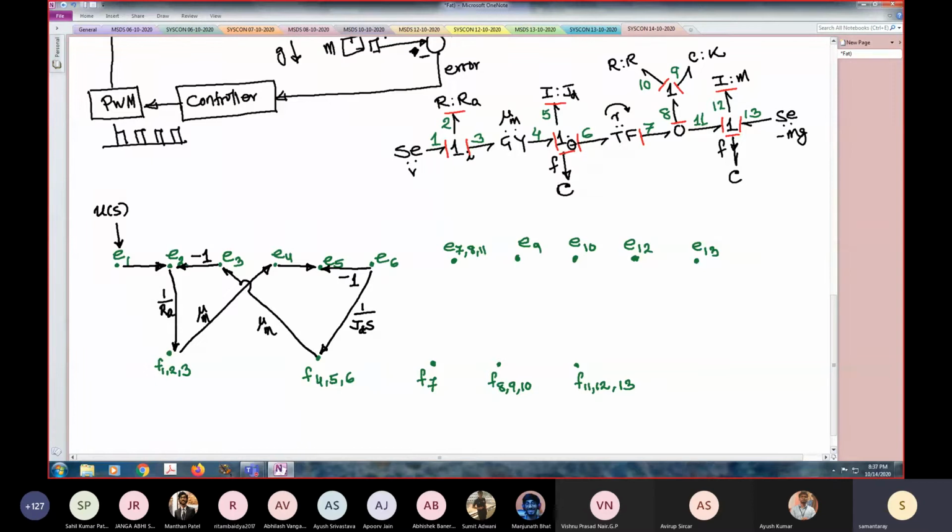It should be from E5. Yes, E5 to F456. Maybe my volume is less. Let me just adjust my volume. Yes, what is the problem? Sir, the arrow should be from E5 to F5.